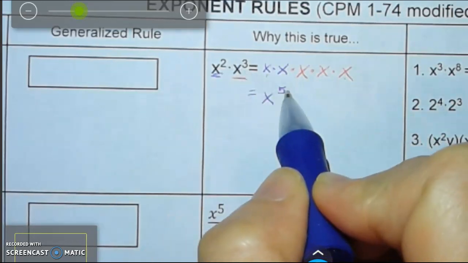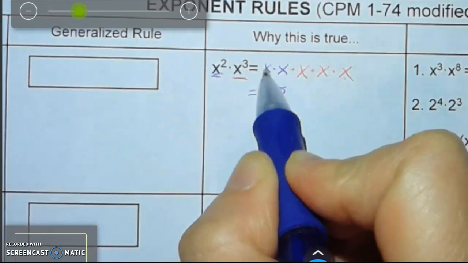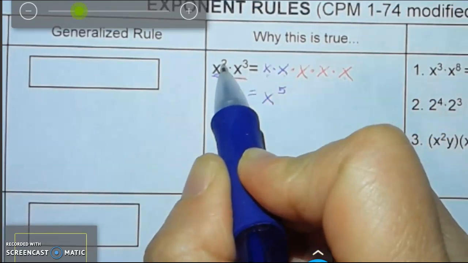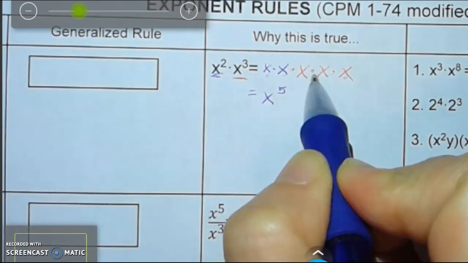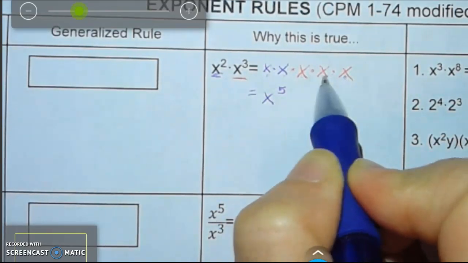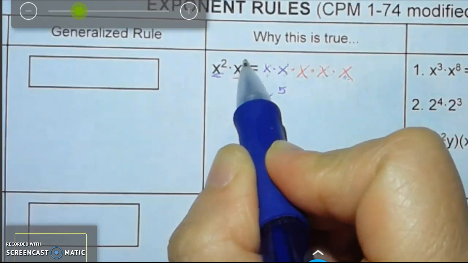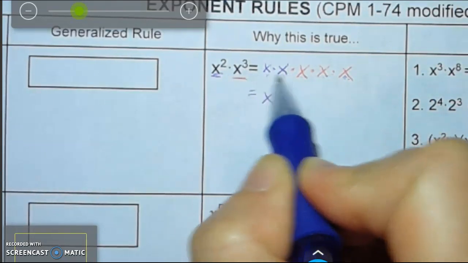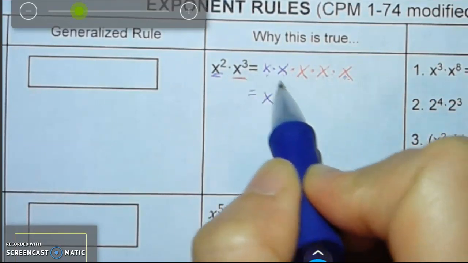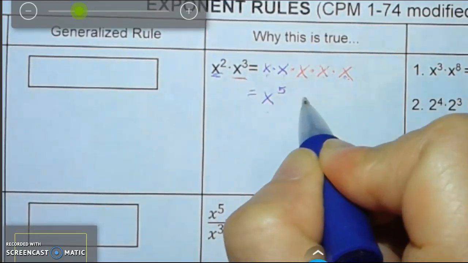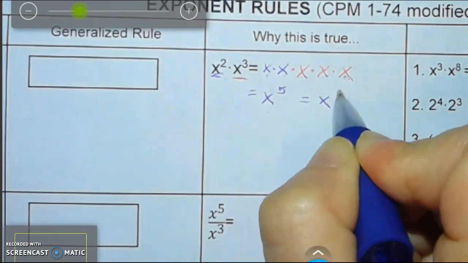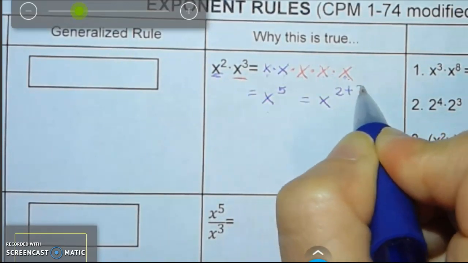This 5 comes from adding the 2 from here and the 3 from here, the number of times x is being multiplied to itself. So instead of always expanding it, we can rewrite this x to the power of 5 as x to the power of 2 plus 3.